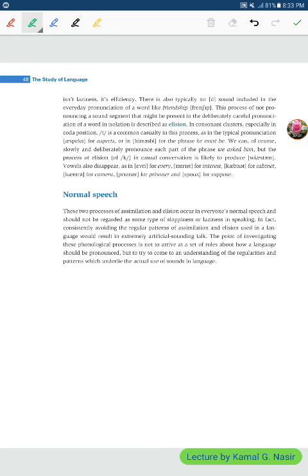It is a deviation from the normal way of pronouncing the sounds, but it is a correct way. It is accepted in pronouncing English words.